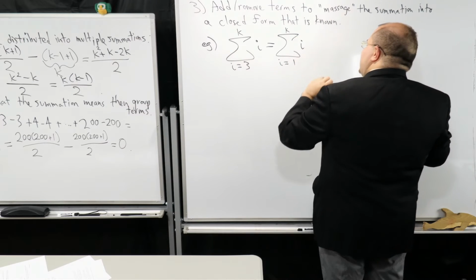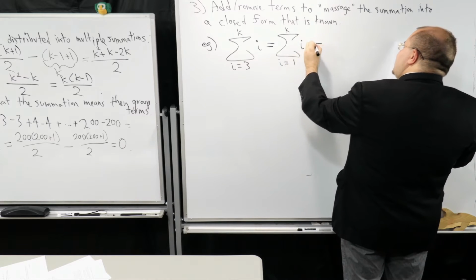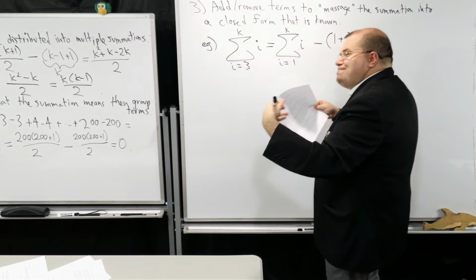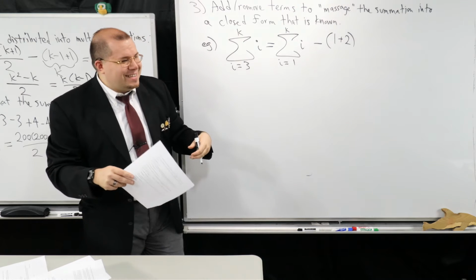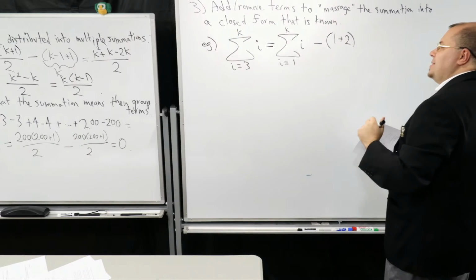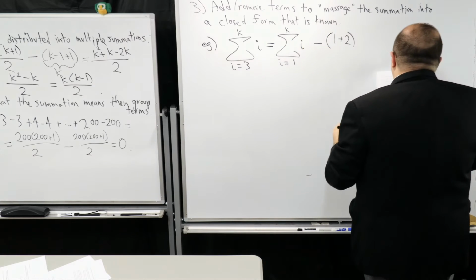So I have the sum like this, and I'm going to subtract off those 2 extra terms that I was trying to massage by introducing them. By introducing them here and getting rid of them after, I can get something that looks like something I can work with.